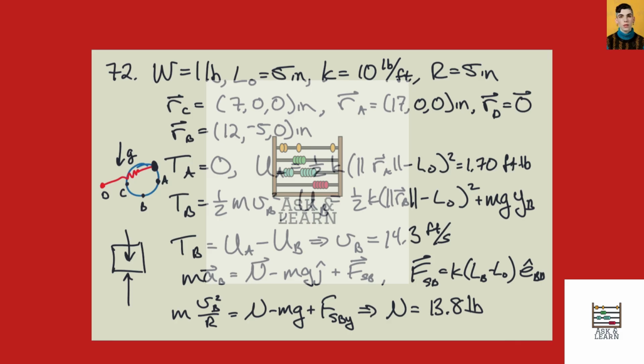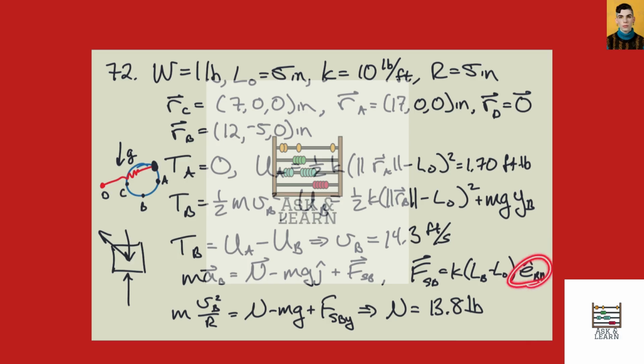And so we have gravity acting down, and we also have a spring force acting. I shouldn't forget to draw that, so somehow in this direction. So we have gravity, we have the normal from the ring, and then we have the spring force. The spring force's magnitude is k, the spring constant, times the change in length.